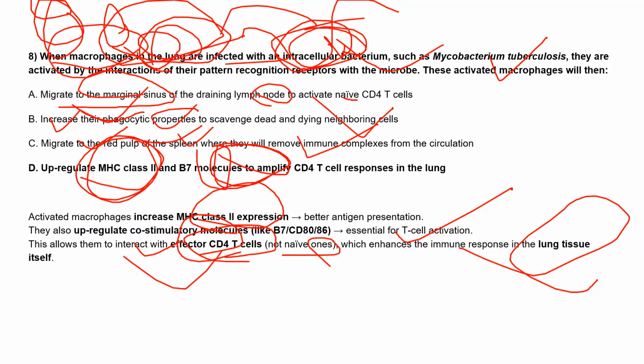These are the macrophages which live in the lungs, so they can't go outside and activate the CD4 cells. The only thing they will do is upregulate MHC class 2 and the B7 molecules, so that they can amplify the T cell response in the lung, right? If it were not an intracellular bacterium, option A would be right. But here it is an intracellular bacterium and the macrophages are in the lung, so option D is the right answer, right?